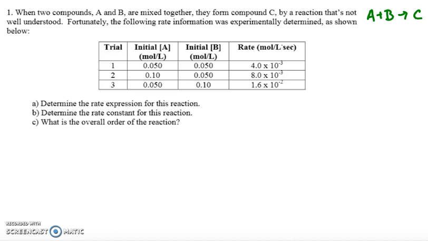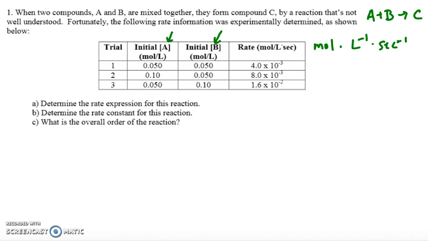So we have 3 trials of the same experiment, but a couple of things were modified each time we ran the experiment. The initial concentration of reactant A is here, expressed in moles per liter. We have the initial concentration of reactant B, and we have the rate of that reaction in moles per liter per second. That unit can be written as moles times liters to the -1 times seconds to the -1.